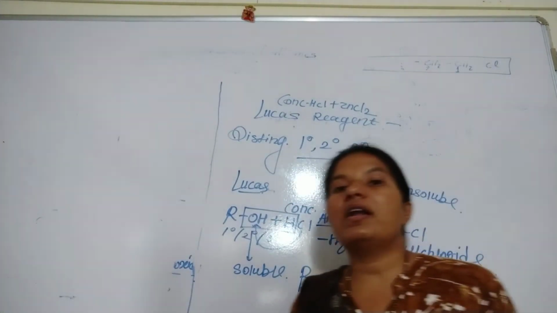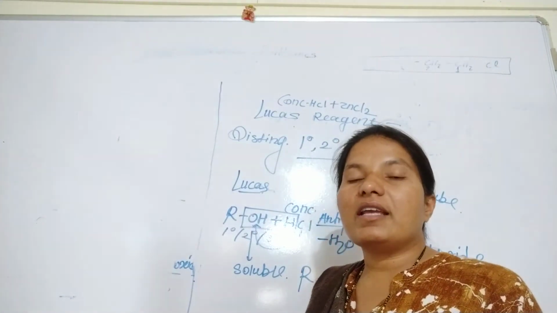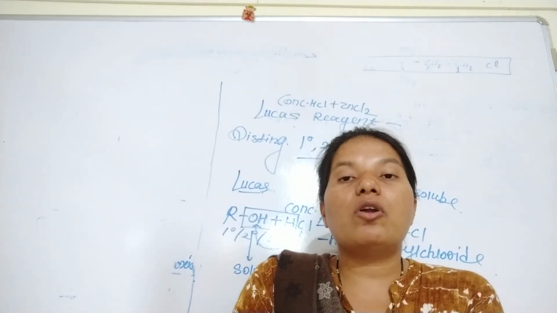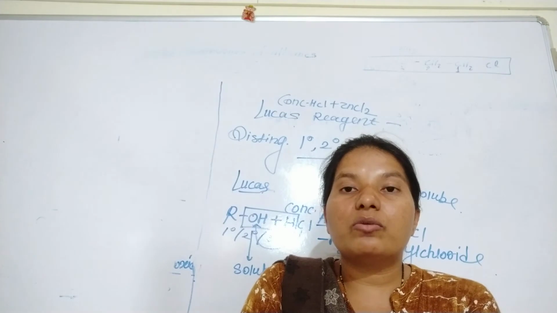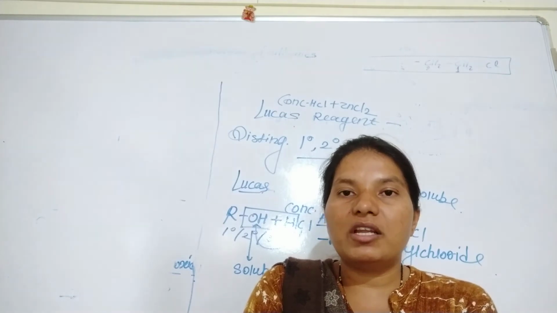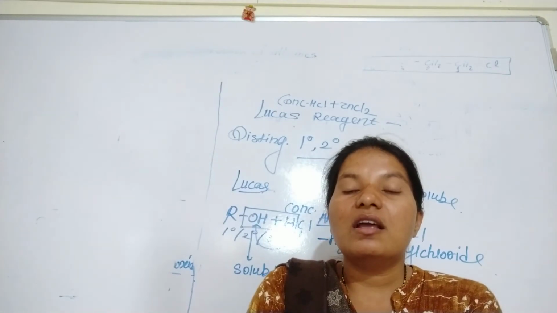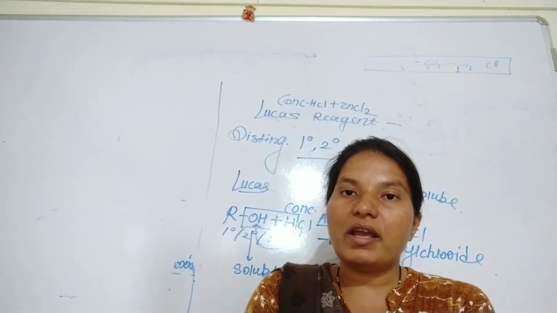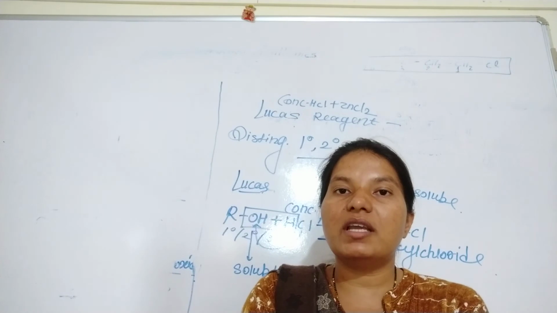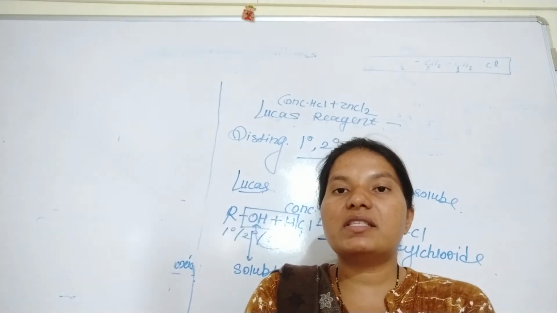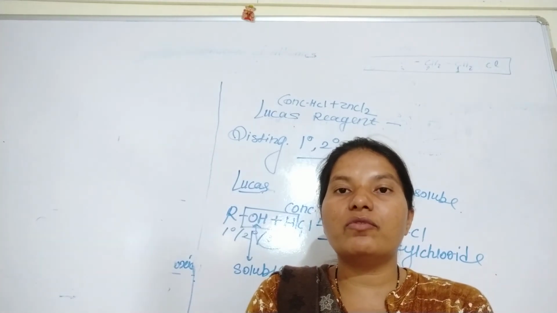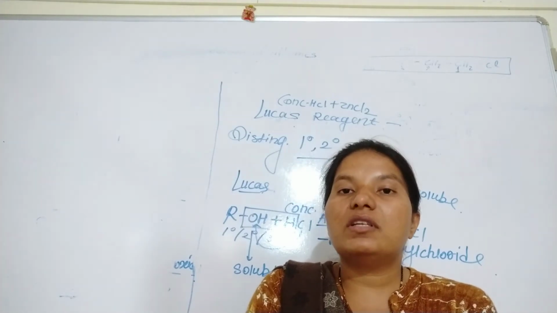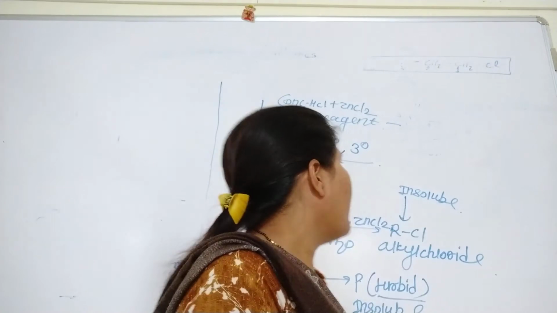In the case of primary alcohol, a lot of time is required with Lucas reagent, but in the case of tertiary alcohol and Lucas reagent, the reaction takes place fast. You must remember what I am saying. How can you distinguish primary, secondary and tertiary alcohol with the help of Lucas reagent? I already told you the reaction of tertiary alcohol is faster.